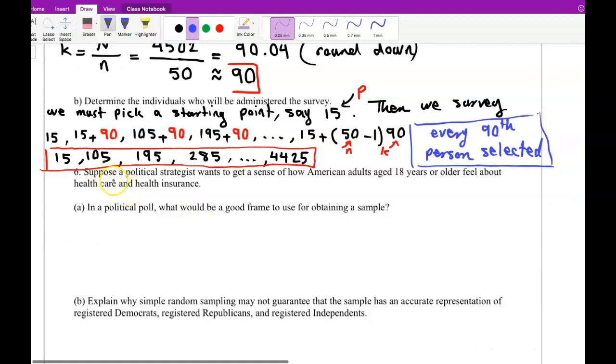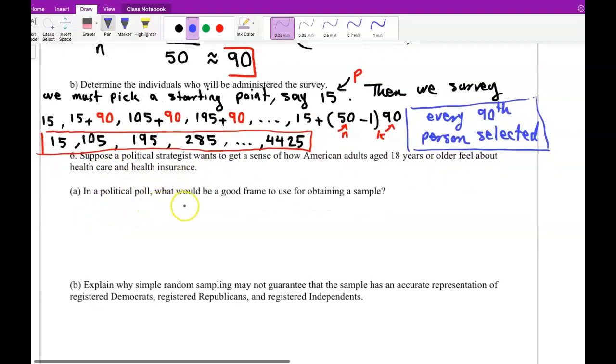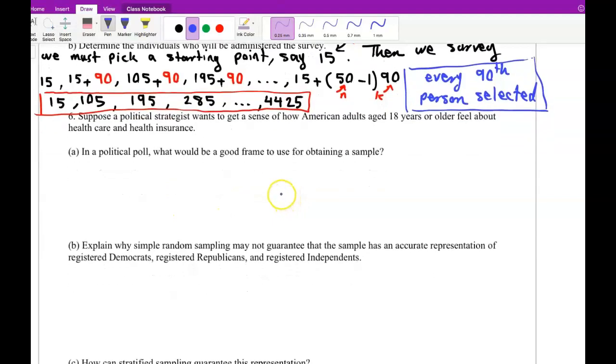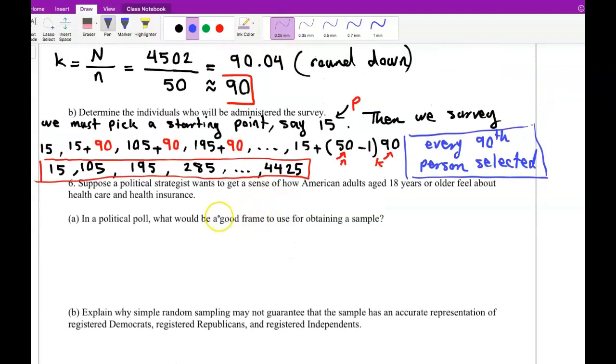Okay, example number 6. Suppose a political strategist wants to get a sense of how American adults aged 18 years or older feel about healthcare and health insurance. Part A. In a political poll, what would be a good frame to use for obtaining a sample? What this means, good frame to use for obtaining a sample.